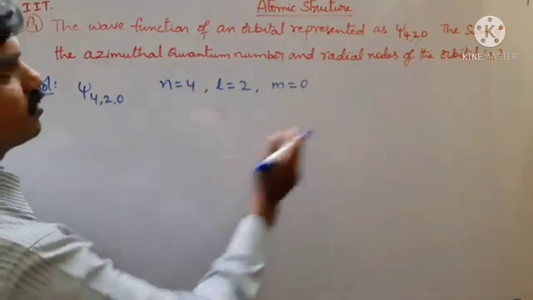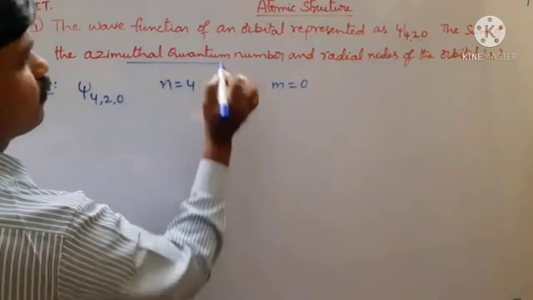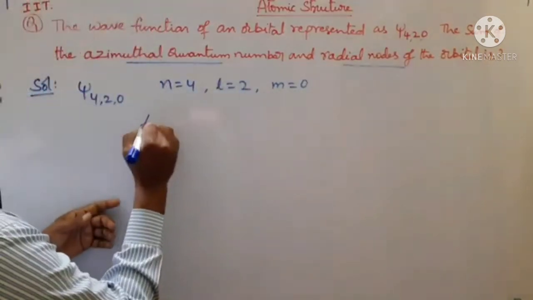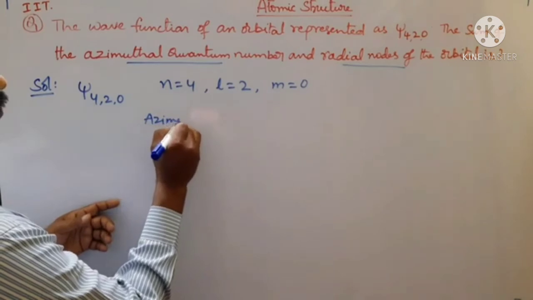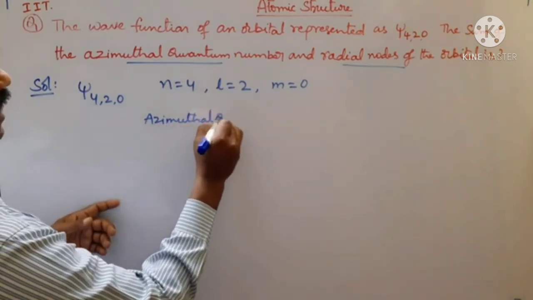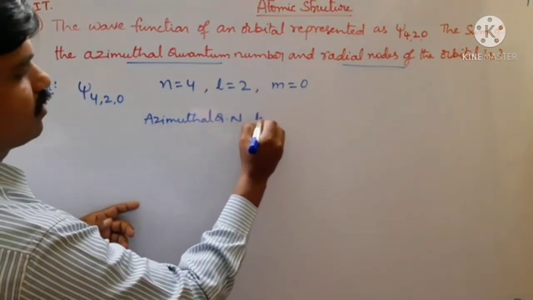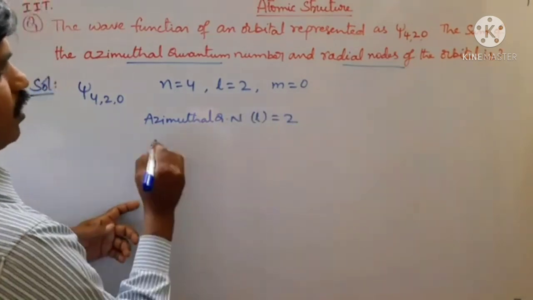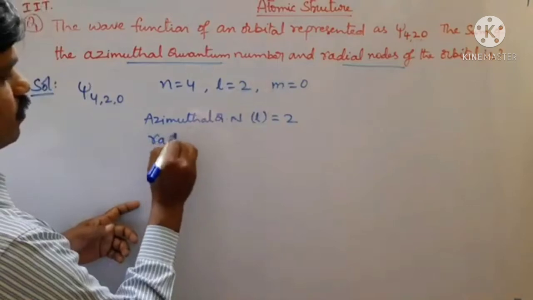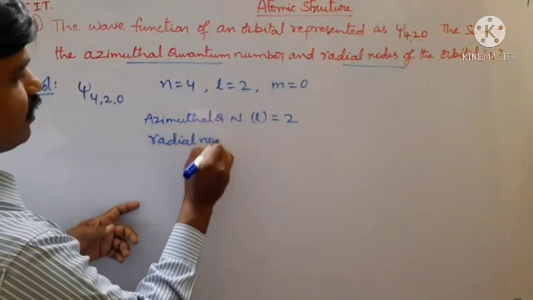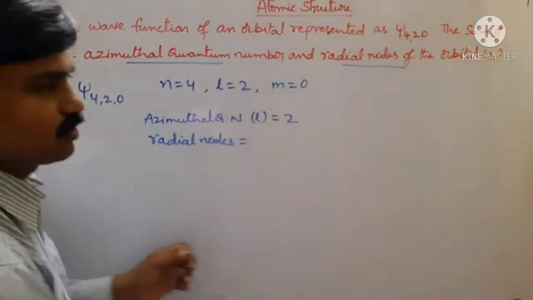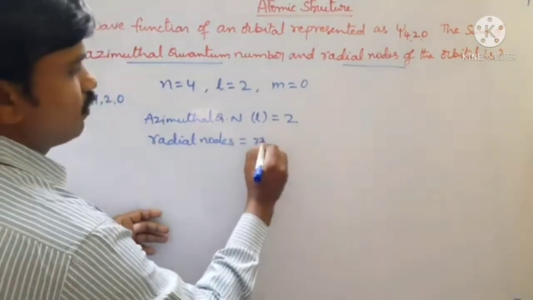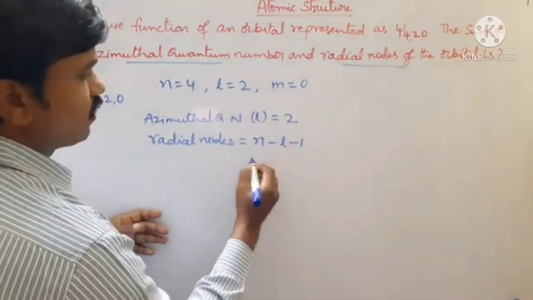Now what is our question? The sum of azimuthal quantum number and radial nodes. Azimuthal quantum number means nothing but l is equal to 2. And radial nodes. For calculating radial nodes, what is the formula used? Nodes or radial nodes or spherical nodes, formula n minus l minus 1.